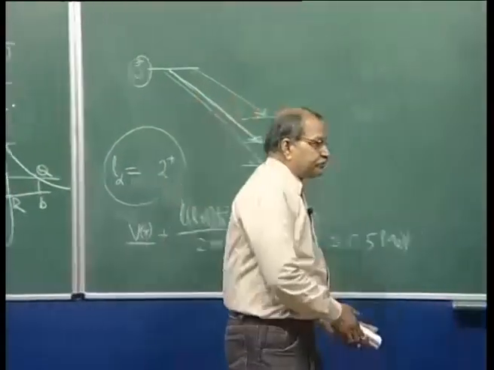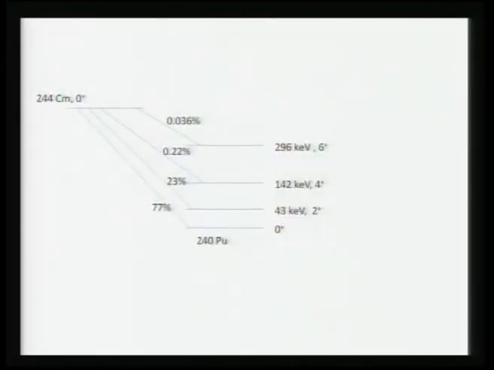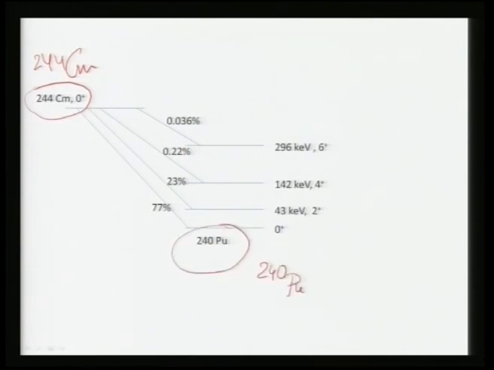Just look at it. Here, look at this diagram. This is for the parent nucleus 244 Cm, and the daughter nucleus is 240 Pu, plutonium. Both have ground state 0 plus, this is 0 plus and here this is 0 plus.